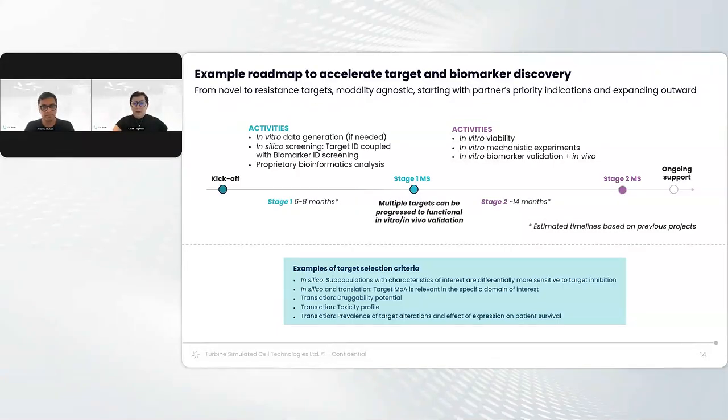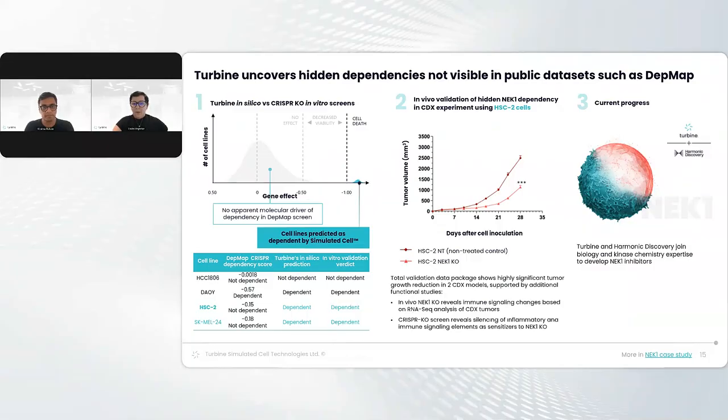So I will show you two examples. One is the NEC1 case study that you can also find on our website. So here we can show that we identify NEC1 as a novel target and the dependency that DepMap could not pick.